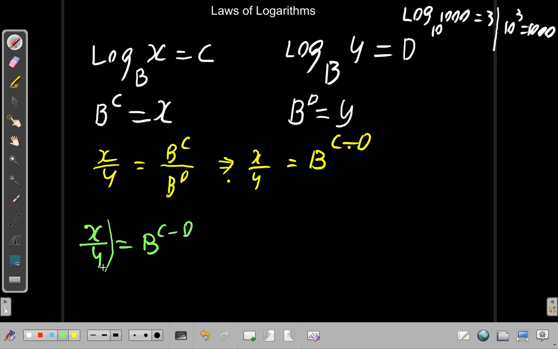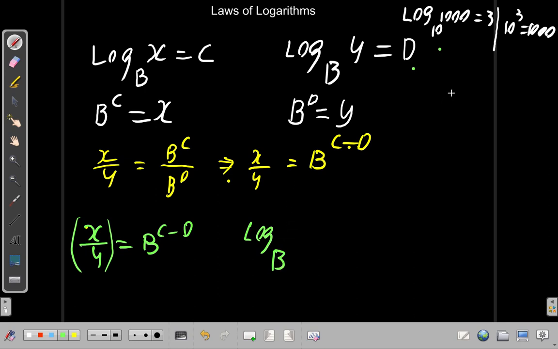Now, this is in index form. Let's put it in log form. Notice in index form, the number you raise to the power becomes the base in log form. b is the number you're raising to the power. So you say log, and the base is b.